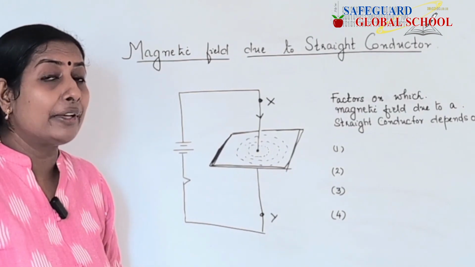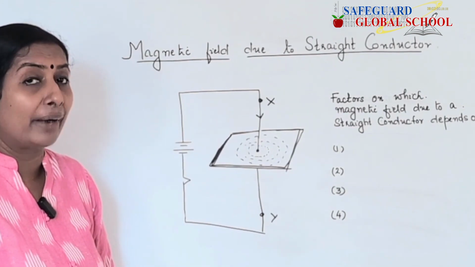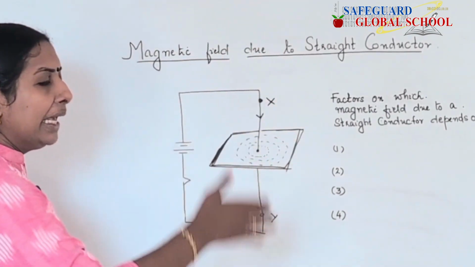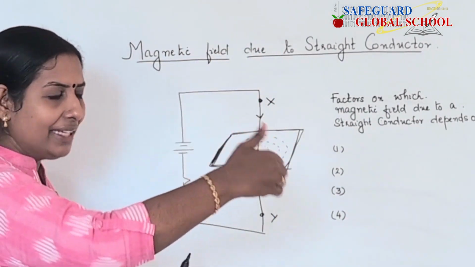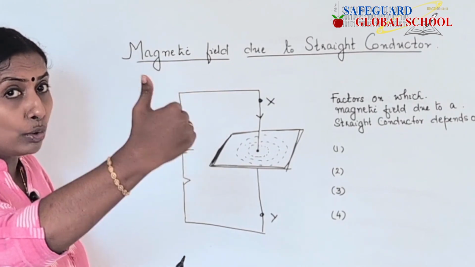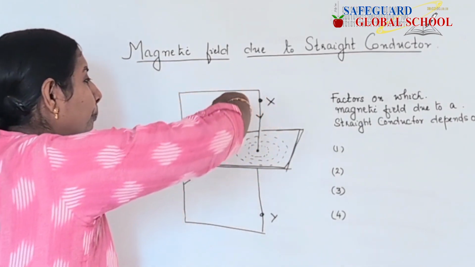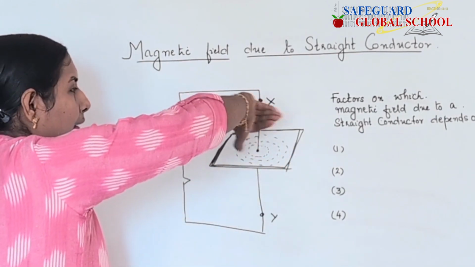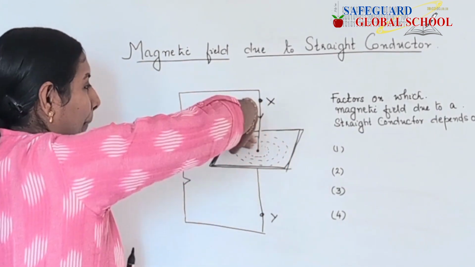In the previous class we have studied the thumb rule, right? So the current is going in this direction, down. Grasp the conductor with your right hand such that the thumb shows the direction of the current. When we grasp the conductor like this, the curling of the fingers is into the plane of the board.